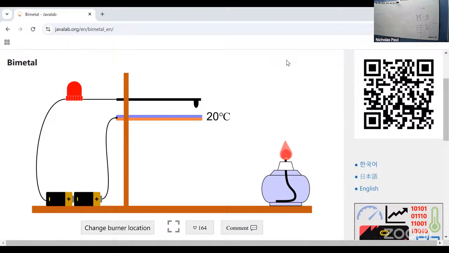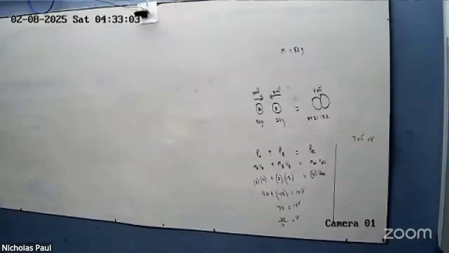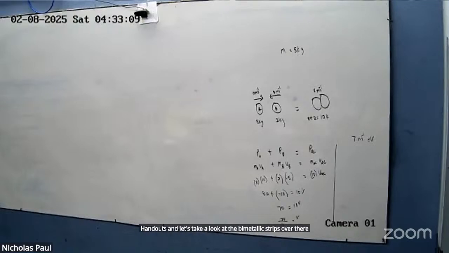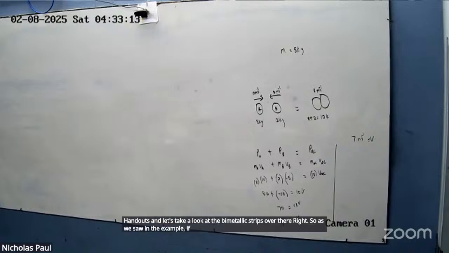Okay. All right. Nice. Let's go back to the handouts and take a look at the bimetallic strips over there. As we saw in the example, if you want to go upwards, which metal do you put on the outside?